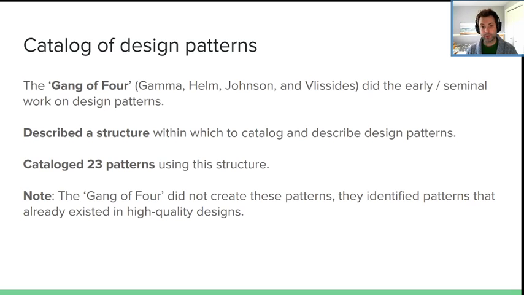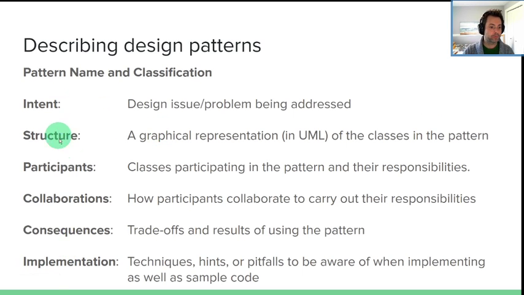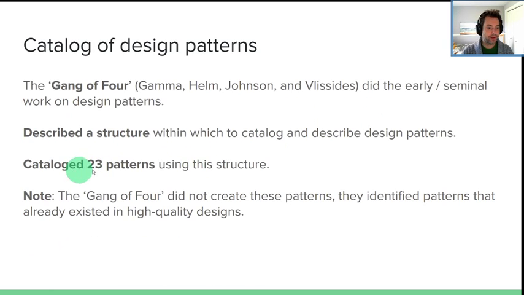That could be great for people who don't know that the problem they're trying to solve is not new. Here's a solution that's already well known, right? So they come up with this idea, they describe a way to catalog them, and they come up with this list here. And then they figure out 23 patterns. So the initial set of patterns that were discovered, there's 23 of them.